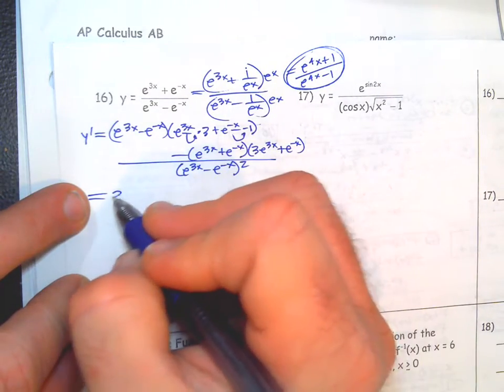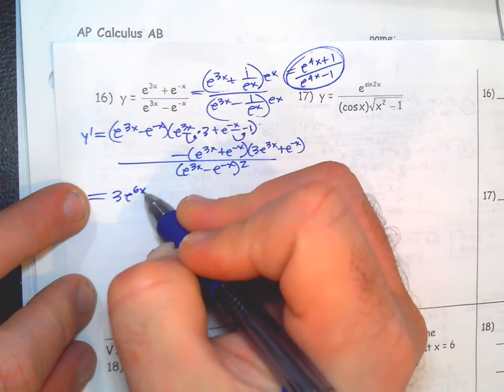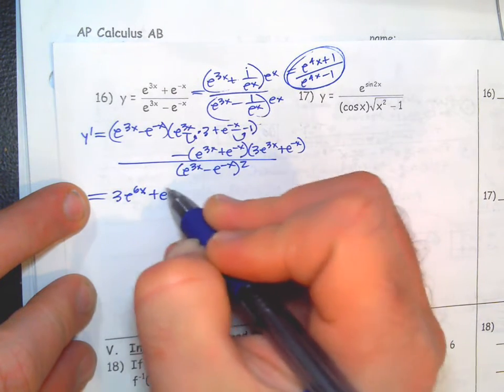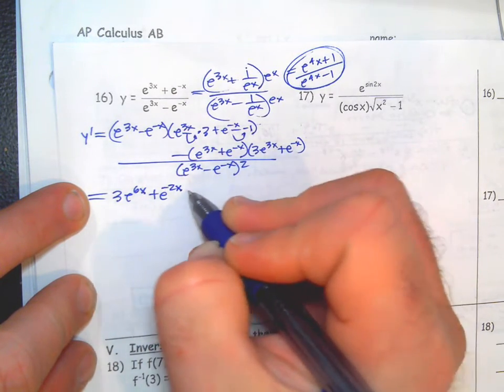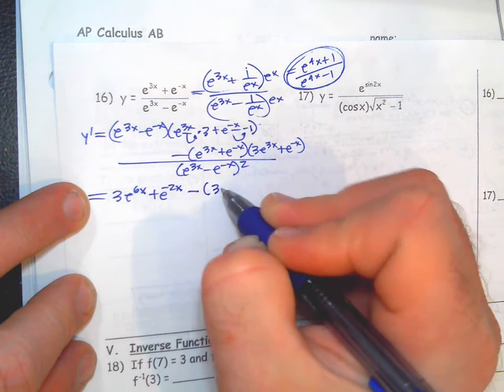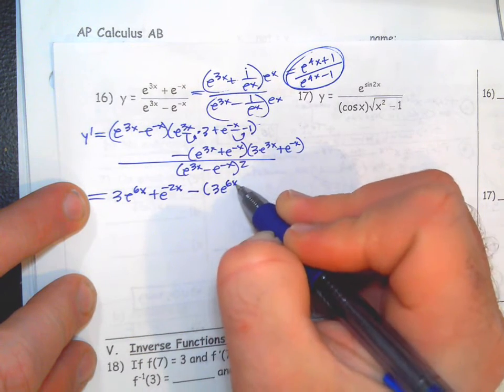So it's going to be 3e to the 6x plus e to the negative 2x minus 3e to the 6x.